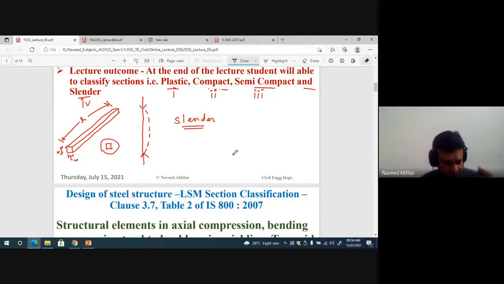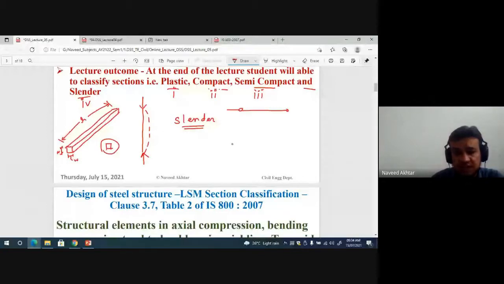So mostly in case of steel structures, steel has the property that its strength is very large as compared to its size. But in case of tension, no such buckling occurs. If this is your member and you are pulling from both ends, there is tension, so there is no such bending because the member tends to straighten when you apply the tension.